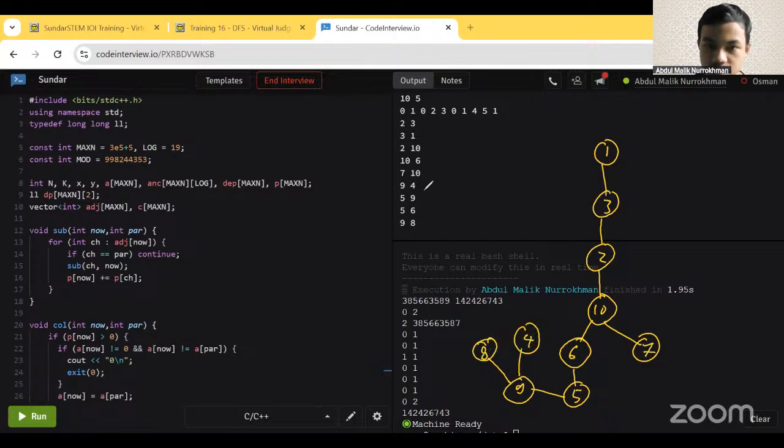All right. Yes, I think the graph is like this. 1, 2, 3, 4, 5, 6, 7, 8, 9, 10.